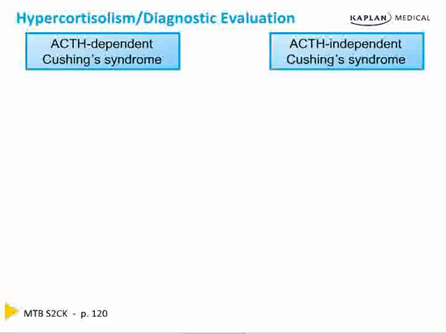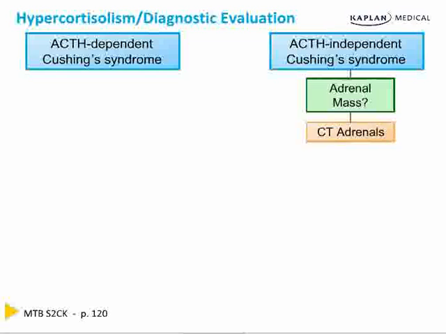So ACTH-dependent Cushing syndrome means that it's originating from where ACTH is made, and ACTH is generally made in the pituitary. Now, an ACTH-independent lesion means that the adrenal is making the cortisol independently without stimulation from its master gland in the pituitary.